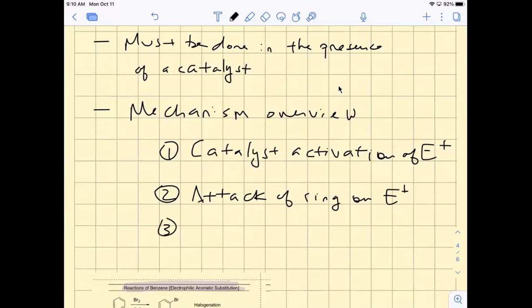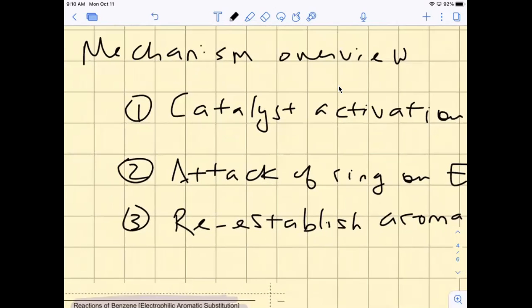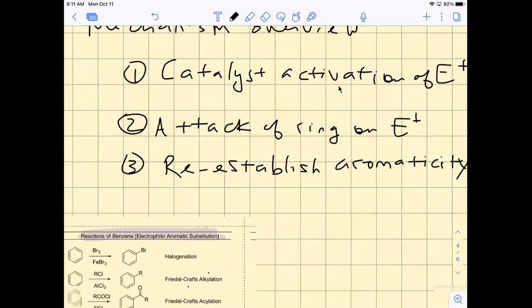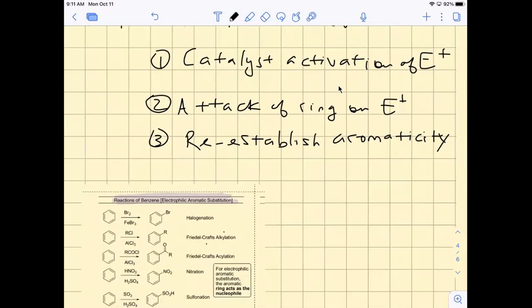And then the final step is always going to be, that's the elimination part, to reestablish aromaticity. So all these reactions happen the same way. The first part of the mechanism is to activate your electrophile. The second part is for the ring to attack it. And then the third part is to reestablish aromaticity. You don't want to lose that because you lose a lot of energy by breaking up that aromaticity.